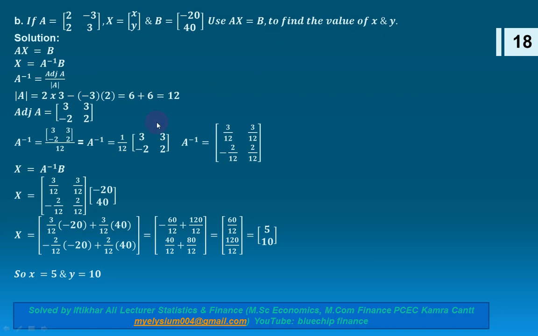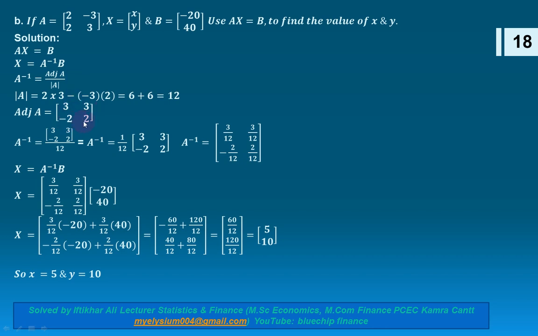I already discussed in the same paper the calculation of inverse. Inverse is always equal to adjoint of A divided by determinant of A. In adjoint, we just replace the places of these two elements and change the signs of these two elements. So adjoint will be equal to 3, 3, minus 2 and 2.